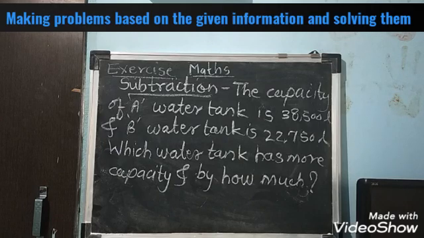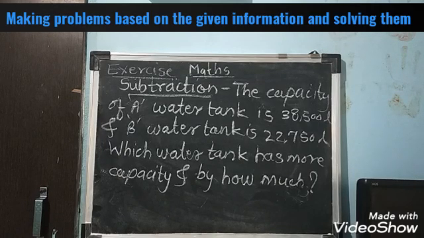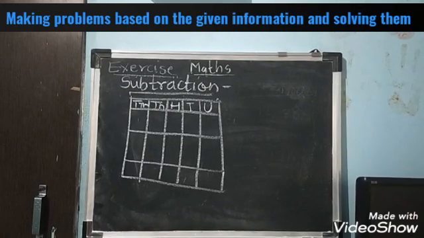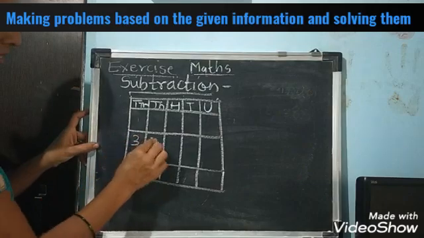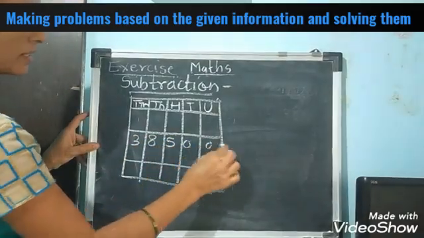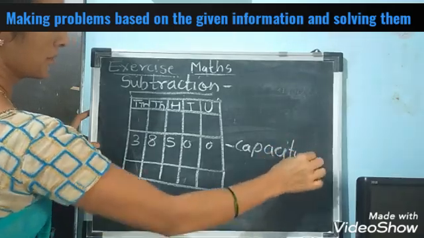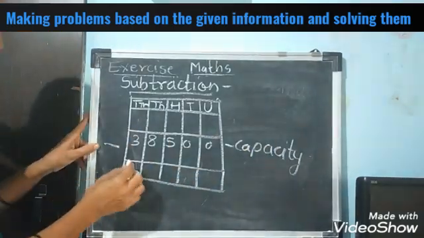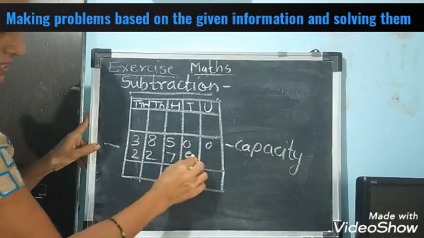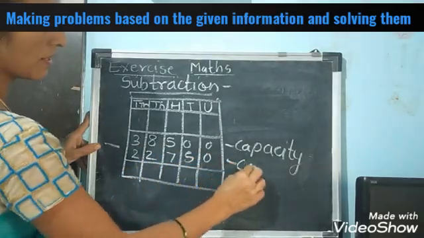We will solve on the blackboard. These are the columns here. In subtraction, always write down the bigger number first. So 38,500 is the bigger number. It shows capacity. Minus 22,750. This is also capacity.